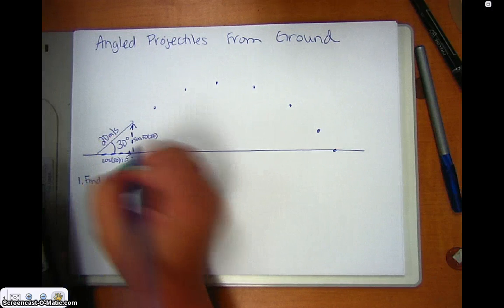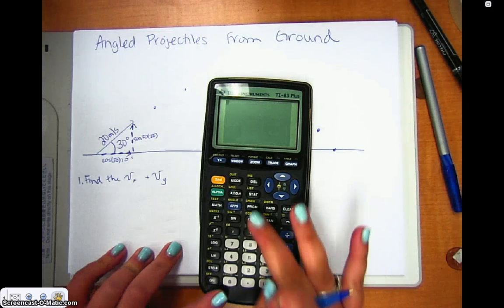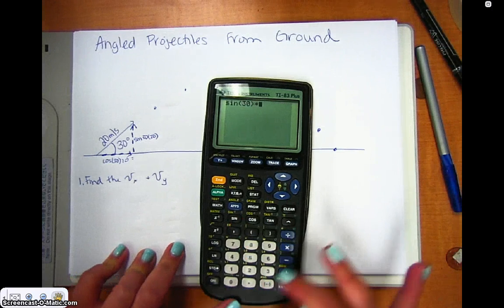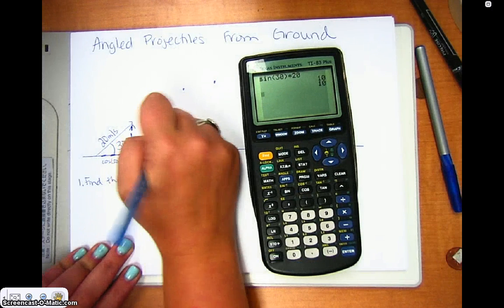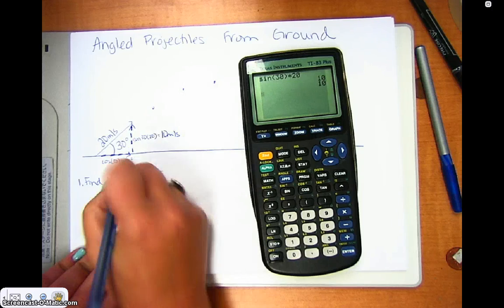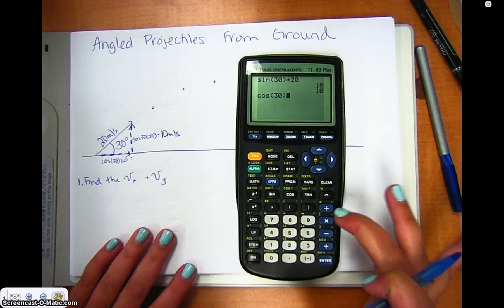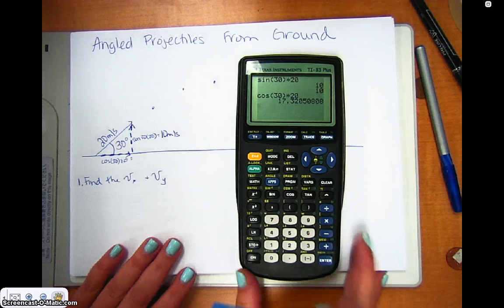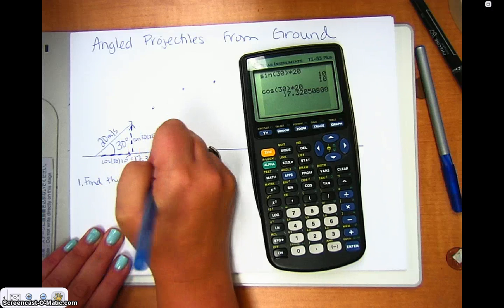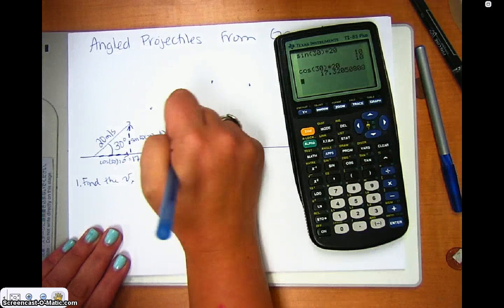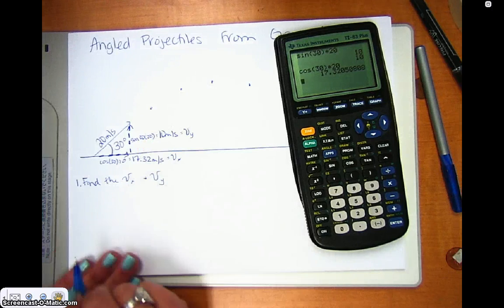Sine of 30 times 20 gives me 10. That's 1/2, so this would be 10 meters per second. And for this one, the cosine of 30 times 20 gives me 17.32. So this is my y component, and this is my x component.